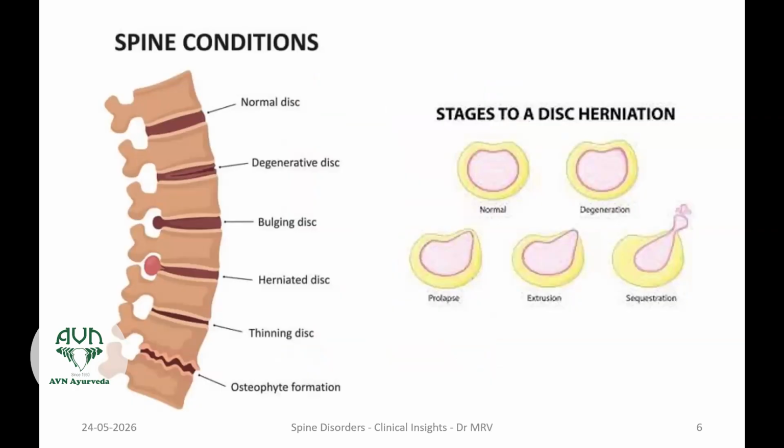When the disc is more damaged, it gets herniated and causes more problems. Then thinning of the disc, which is usually seen as a sign of degeneration, and osteophyte formation, which indicates severe degeneration and can be considered very chronic.